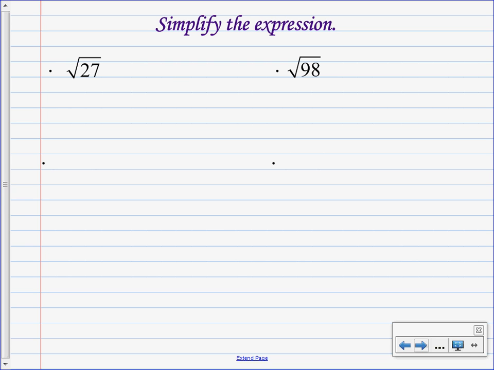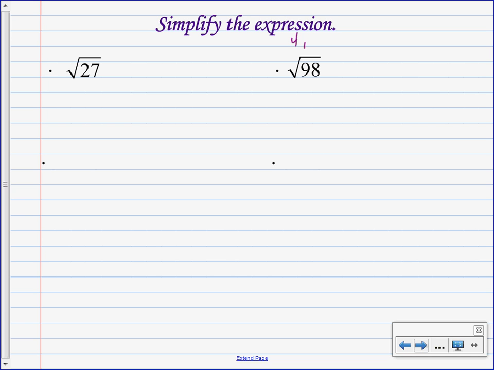So if I have the square root of 98, I want to find a perfect square that goes into 98. I know 2 goes in there, but 2 is not a perfect square. I'm looking for one of the perfect squares that goes into that number. Does 9 go into 98? I don't think so. So we have 4, and not 1, because 1 goes into everything, so we're not even going to count 1.